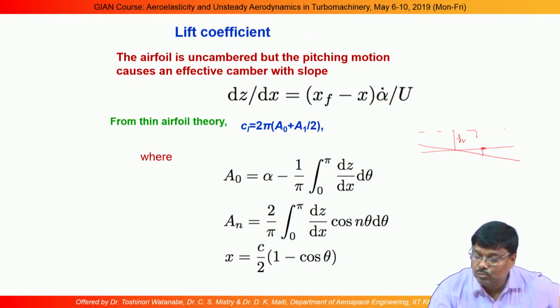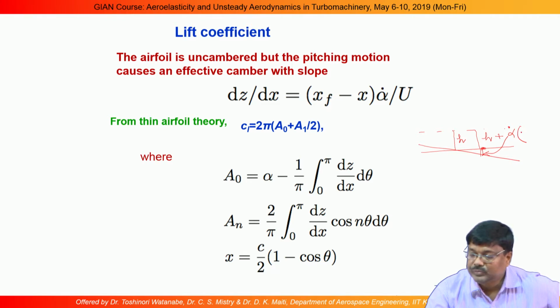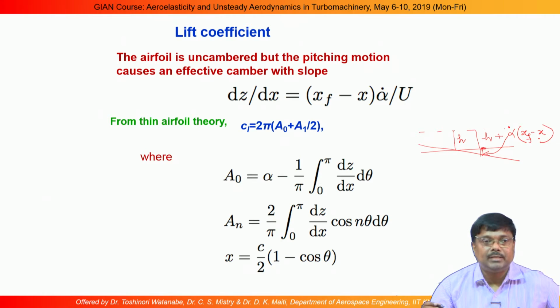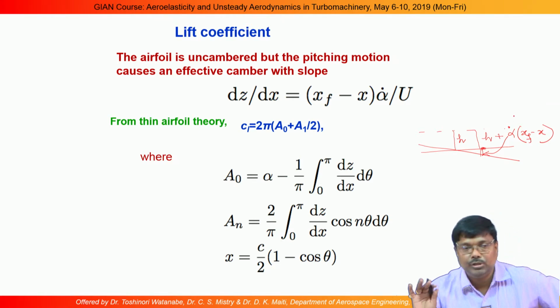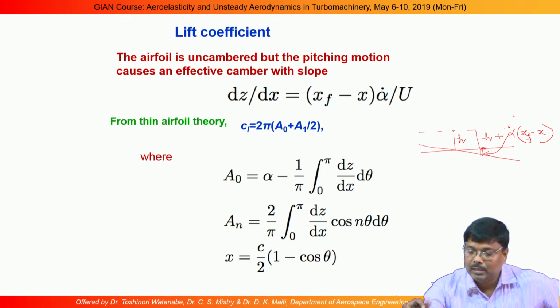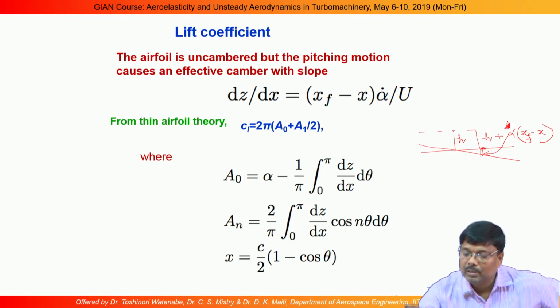So, this total deflection will be h plus this displacement, that is alpha into xf minus x. Okay, that is only displacement, so it is not alpha dot, only alpha.